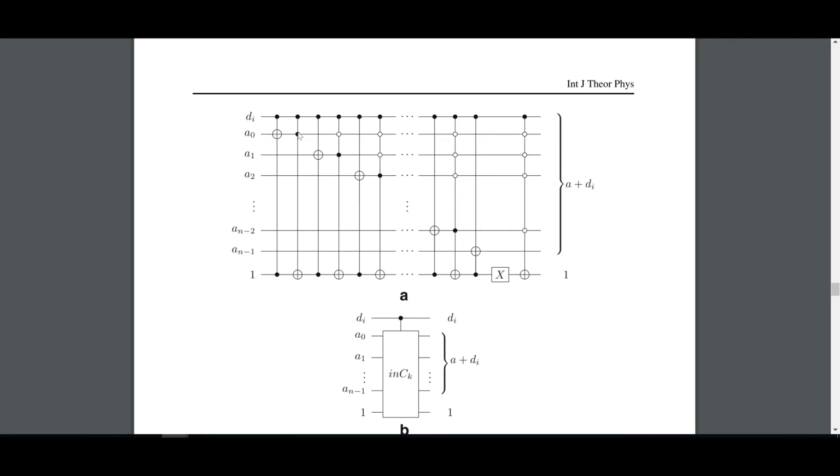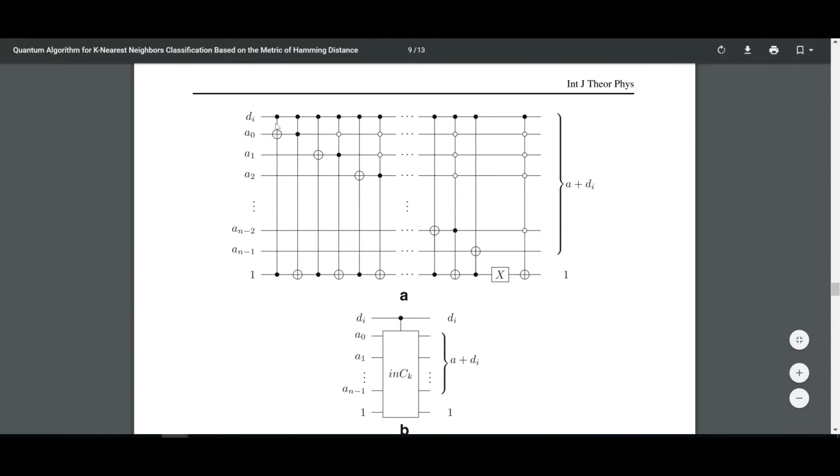So I think I just need to implement the 1, 2, 3, and 4 here. But this is a triple controlled NOT gate, which I can't implement in there. So I'm just gonna make a dummy thing, but you know that would be the idea.